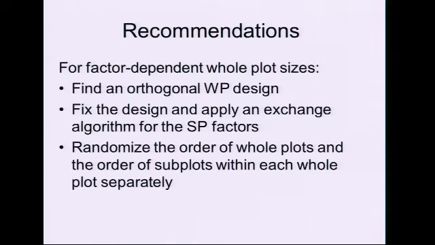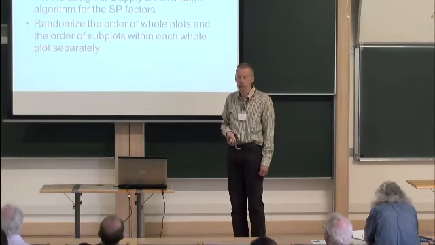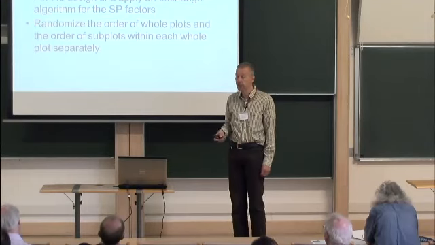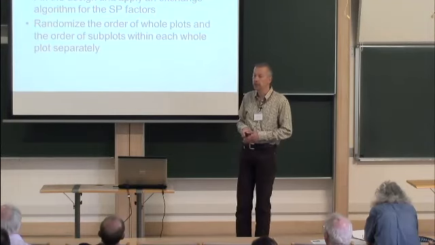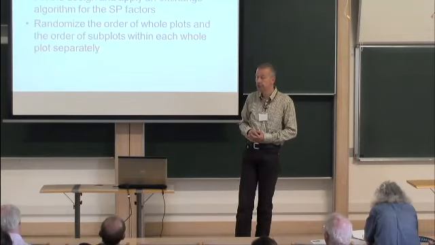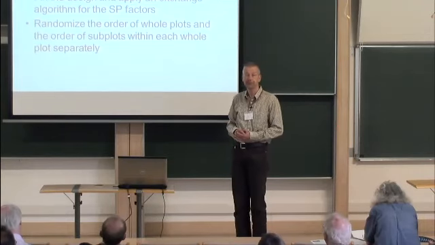Then you apply an exchange algorithm to find optimal settings of the subplot factors, and then you arrive at an initial design, which is at that moment not randomized. The next step then is to randomize the order in which you run the whole plots, and separately the order in which you run the subplots of each of the whole plots.